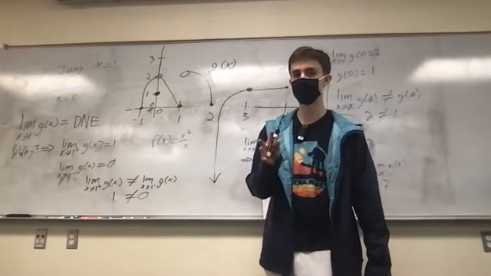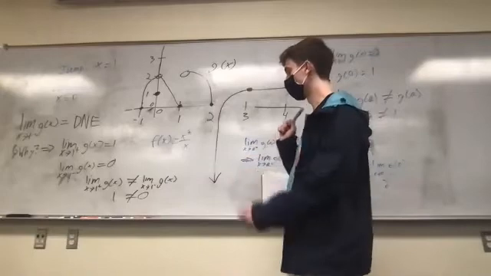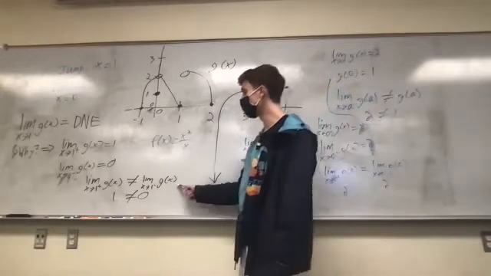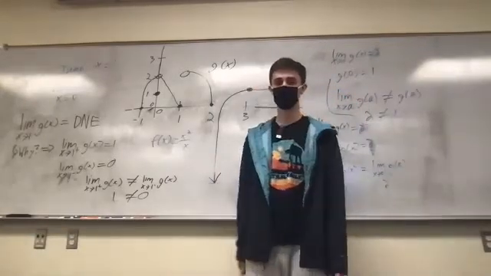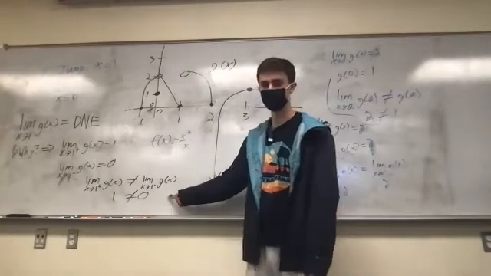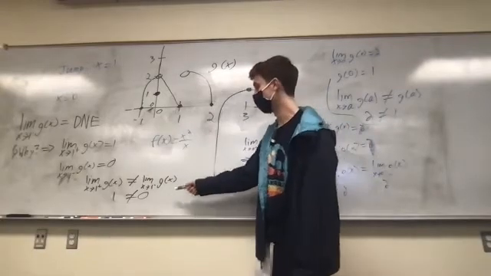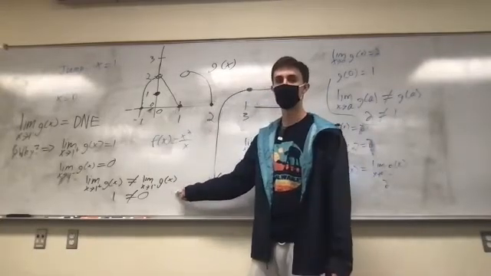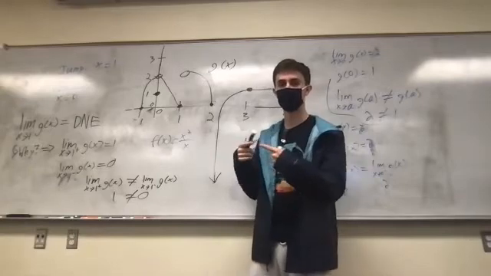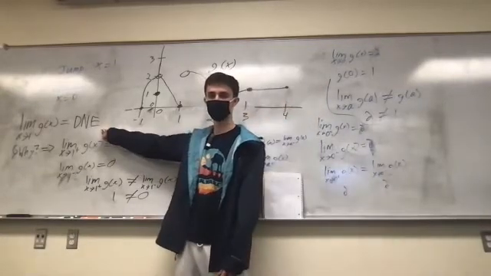I understand what you're getting at. Okay. So the other thing I'm trying to get out of this is that not only is there a jump discontinuity, but also that the limit doesn't exist when it's coming from both sides, right? And that's exactly what we showed up here.